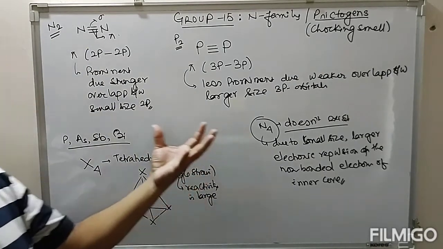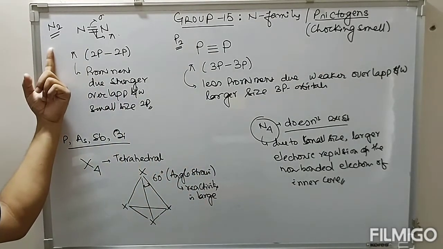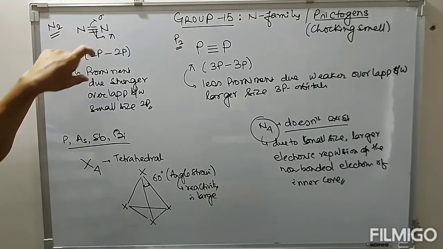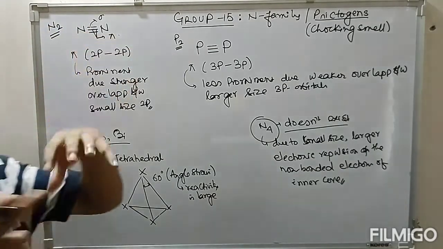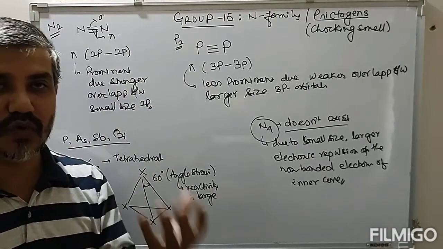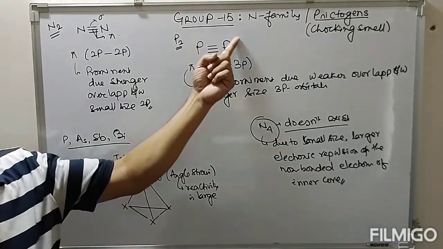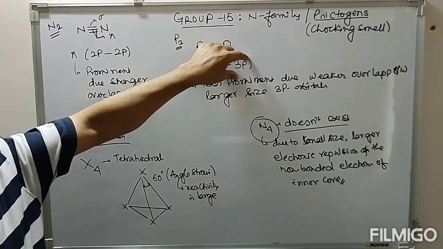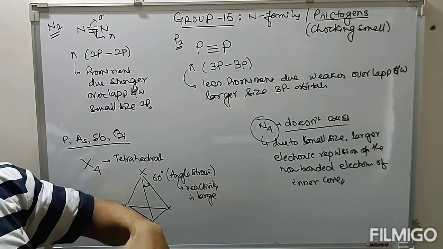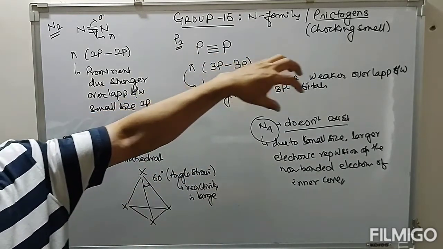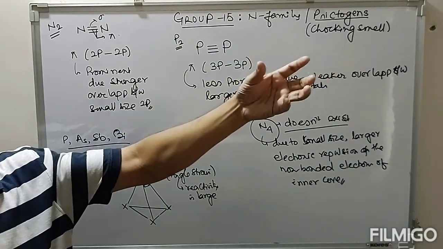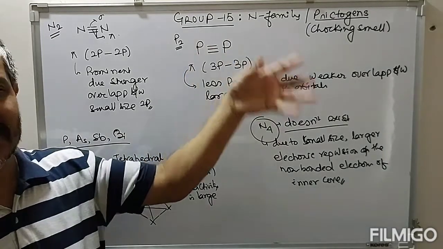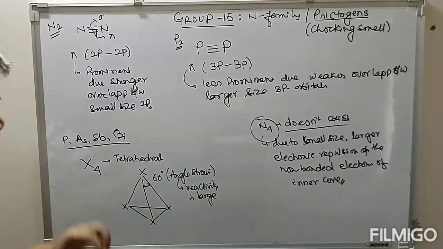So look at this. N2 exists as diatomic because the pi bond formation is very strong due to the small size of the 2p orbital. The overlap between p orbitals is more prominent. P2 does not exist because, due to the larger size of the 3p orbital in the elements below, the overlapping between p orbitals is less prominent, and as a result pi bond formation does not take place in the higher member elements.